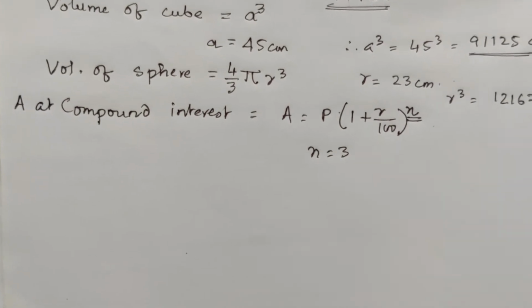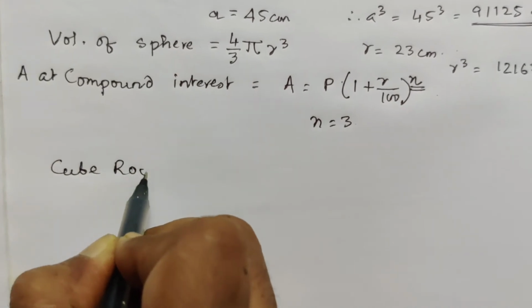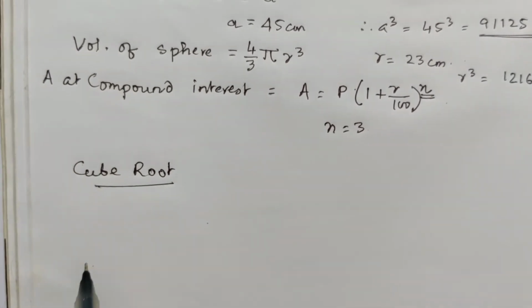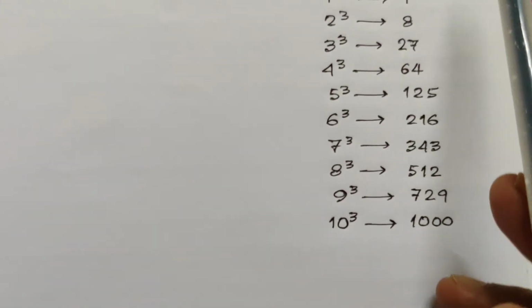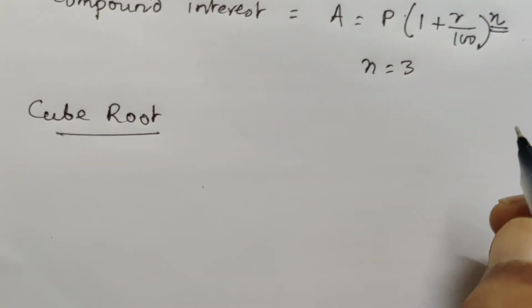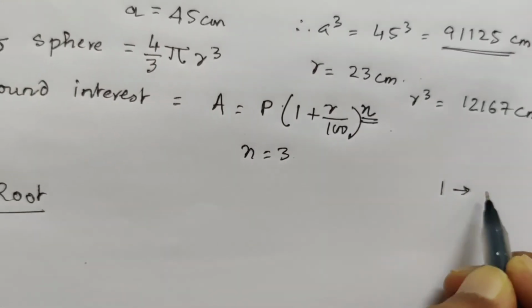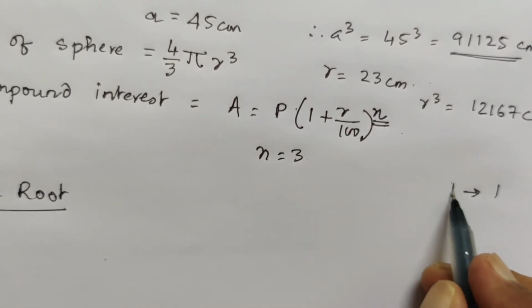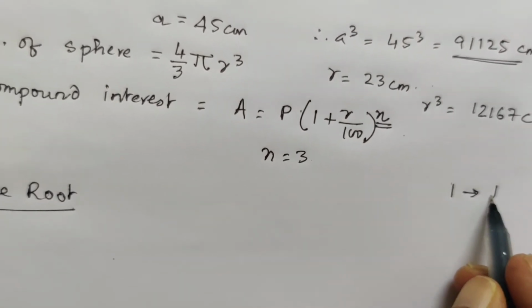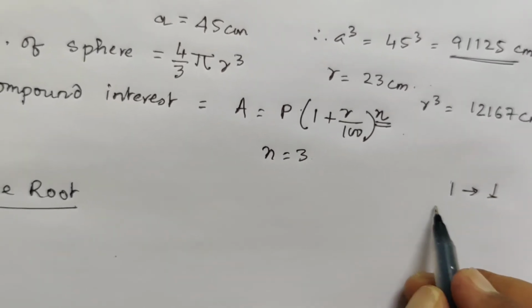Now we are coming to the cube root. How to find the cube root? Now as you remember this, again we come back to this. From here we can easily know: if the last digit of the cube root we have to find is 1, then the last digit of our answer will be 1.